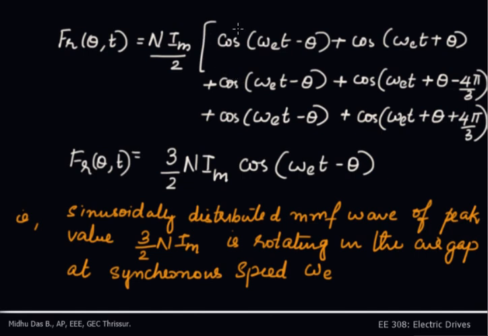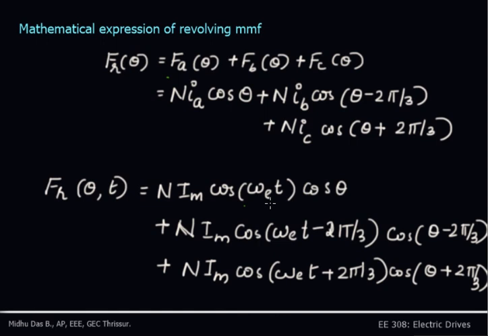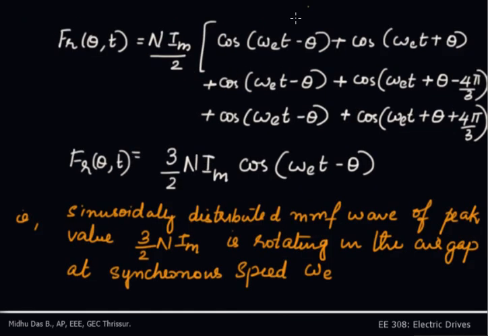Okay, now simplifying this expression, here also we apply the 2 cos A cos B formula, and we get an expression for Fr of theta, t in this format, that is 3 by 2 Nim cos (omega et minus theta).